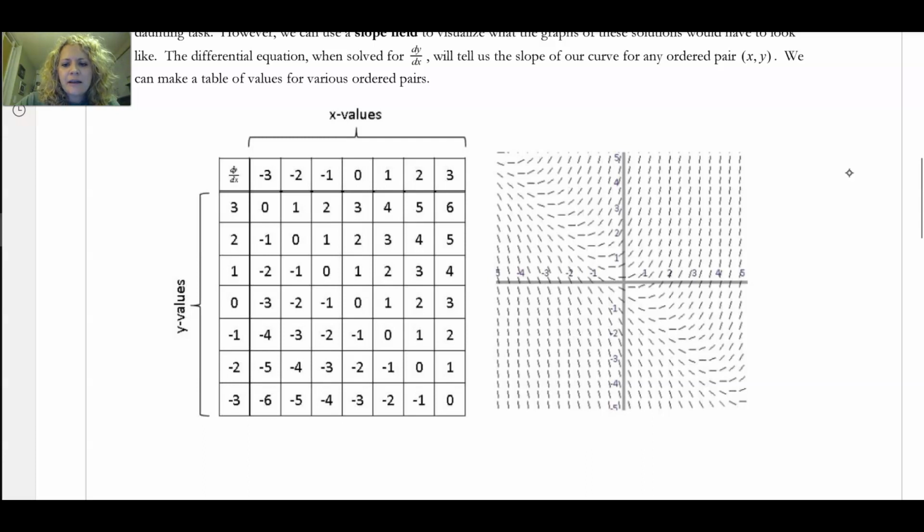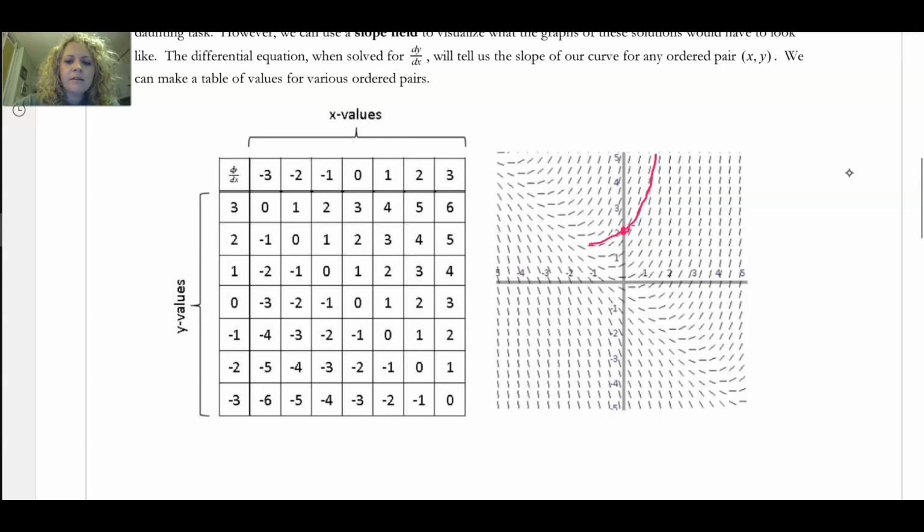So let's say that we have the point 0, 2. And so if I go to my graph and I plot 0, 2, if I try to follow the direction of the slope, I can see that it's getting steeper, steeper, steeper. I trace that curve. And then as I come out on the other side of 2, my slope is getting more and more shallow.